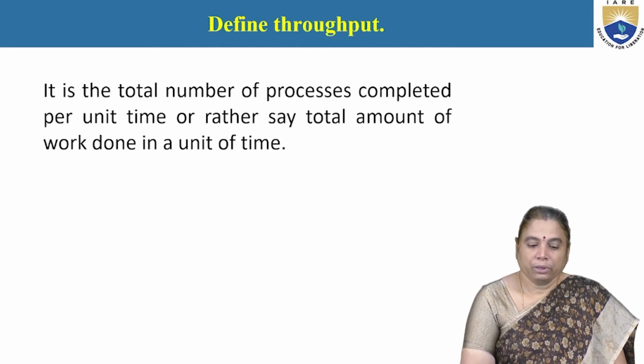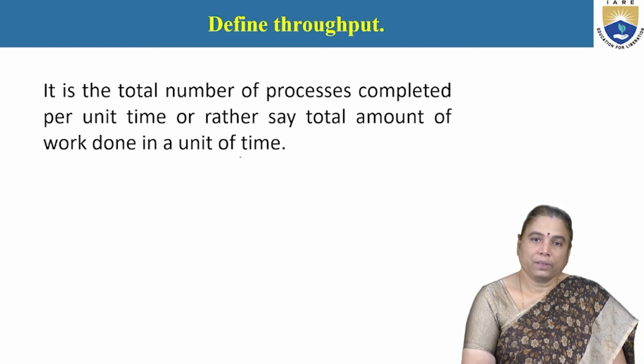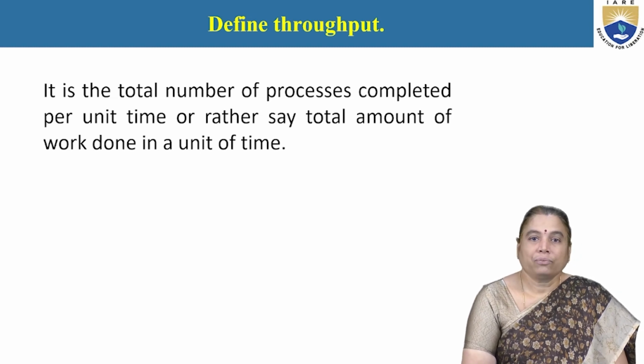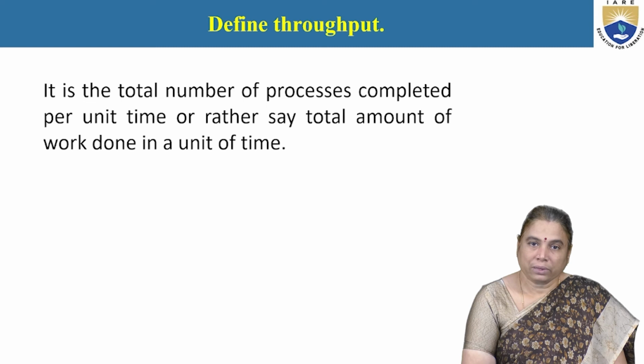Define throughput. It is the total number of processes completed per unit time, or the total amount of work done in a system per unit of time. So it is the number of instructions that can be executed per unit of time, for example 1 second.